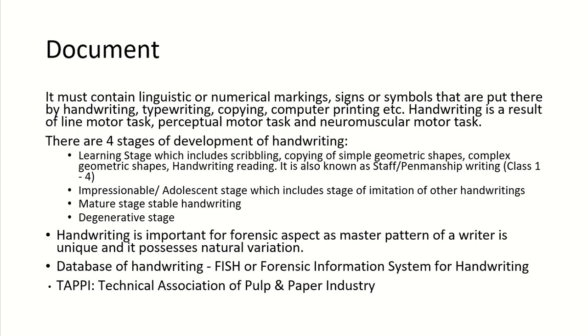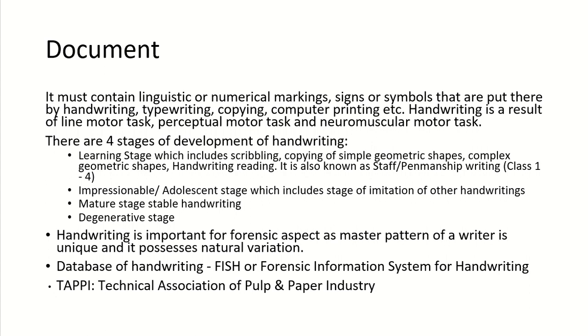So there are 4 stages of development of handwriting. The first is the learning stage, that is from class 1 to class 4, in which we do scribbling, copying of simple geometric shapes, handwriting, reading. It is also known as staff or penmanship writing.